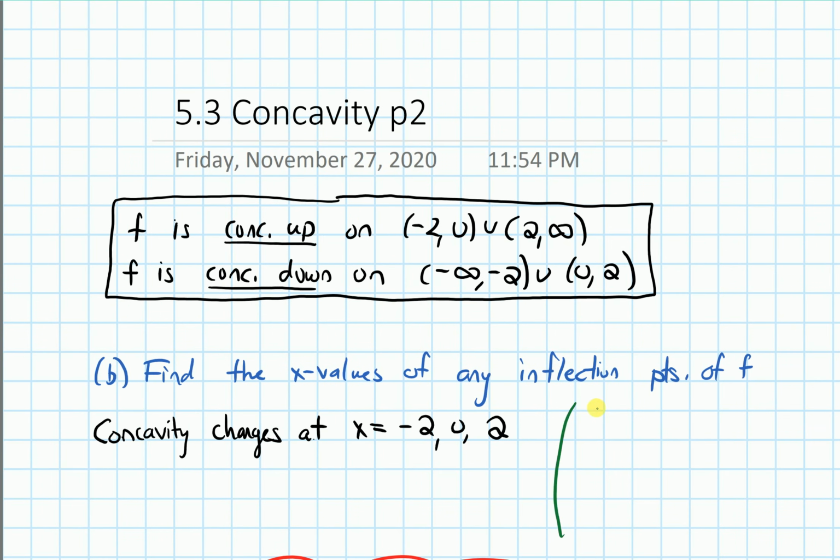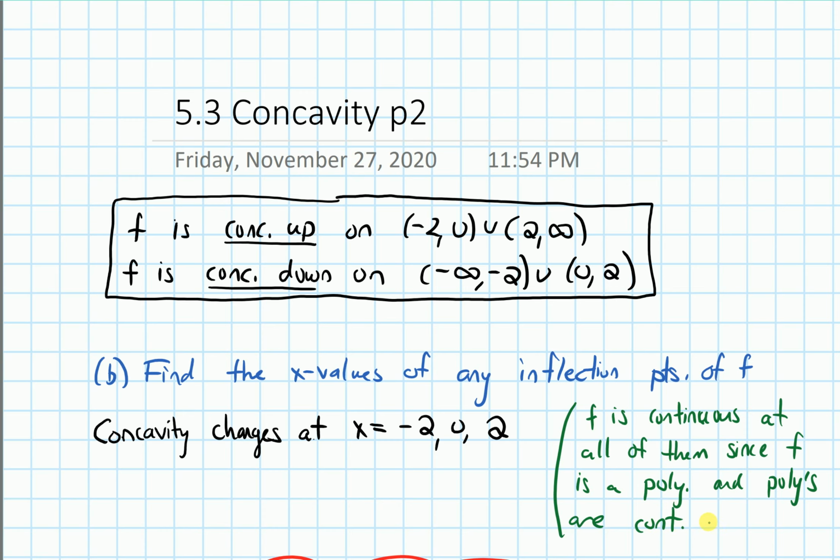So the original function, f, is continuous at all of these values, since f, the original function, is a polynomial, and polynomials, I'll just abbreviate polynomials, are continuous everywhere. I'll also abbreviate continuous everywhere. Okay, but it's important to check that condition about continuity.